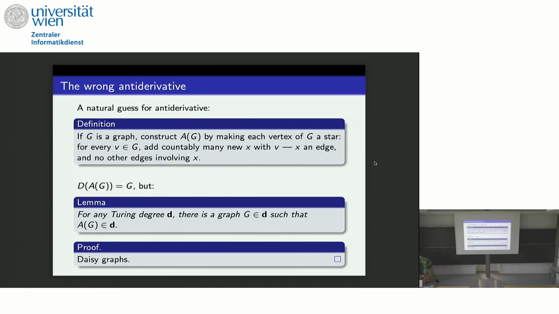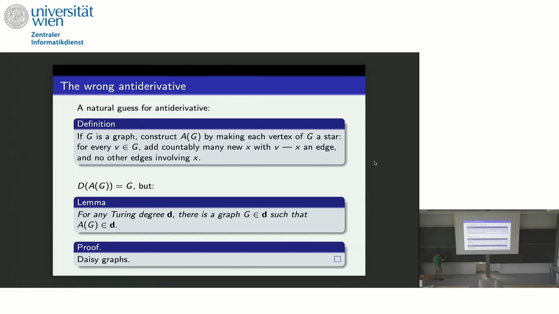So a natural guess: I've got my graph G. I need a superstructure in which every vertex of G has infinite degree.